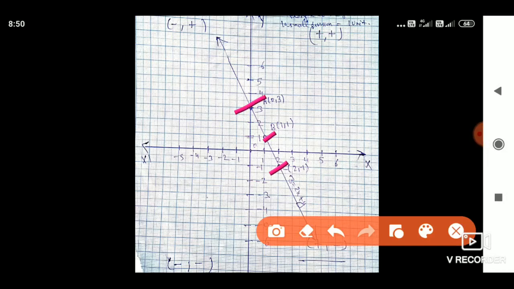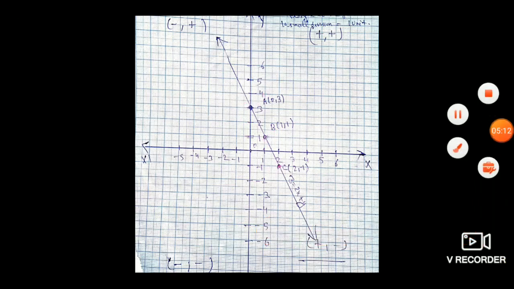Now this straight line represents your linear equation, that is 3 is equal to 2x plus y. So that's how we can represent any equation in the Cartesian plane. First of all, you have to find its 3 solutions and represent these 3 solutions in your Cartesian plane. So that's all for today. Thank you.